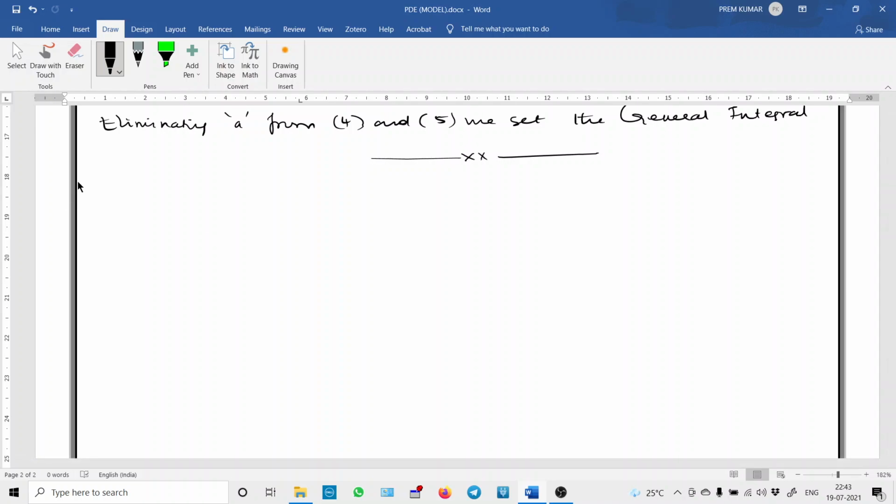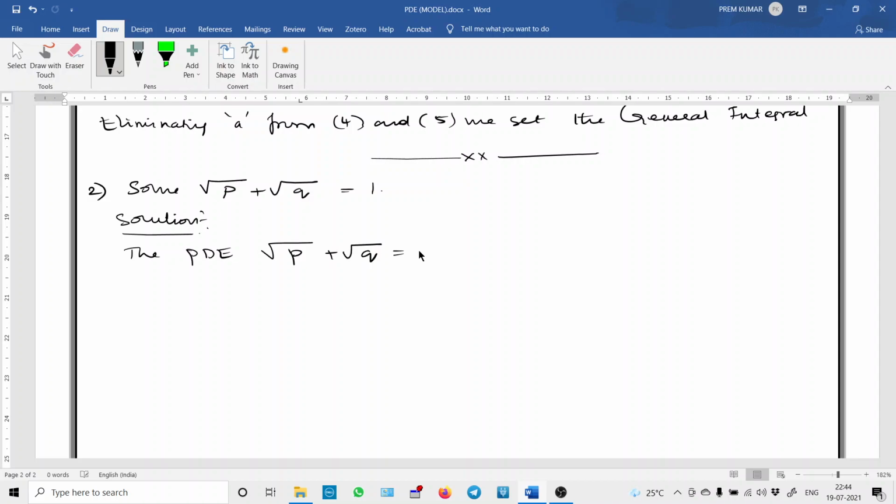Now we go to the next problem, problem number 2. Solve square root of p plus square root of q equals to 1.